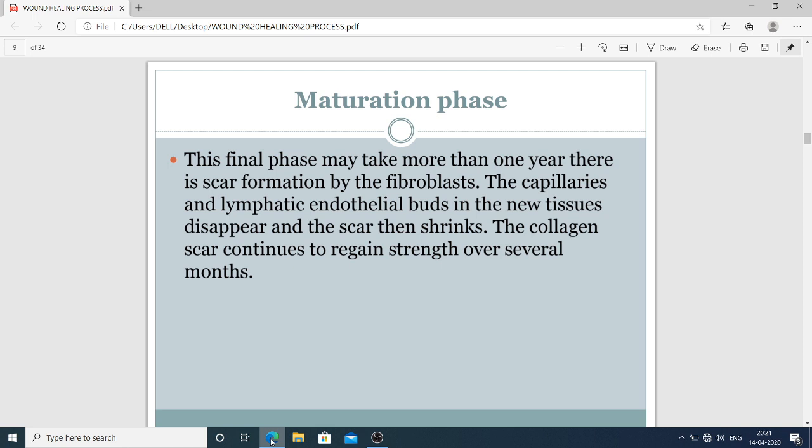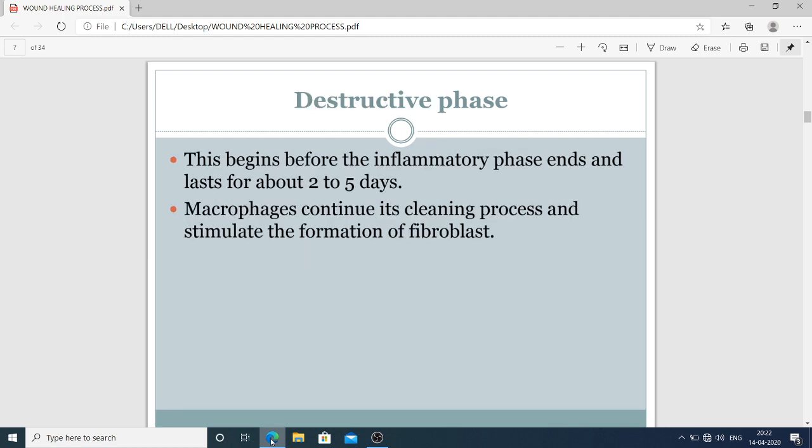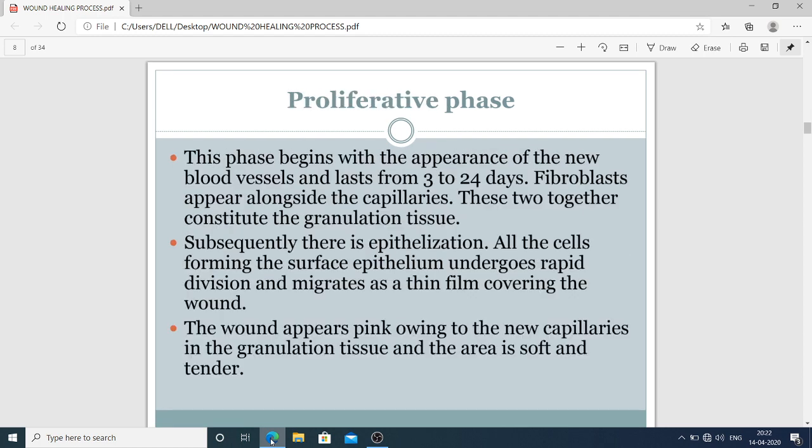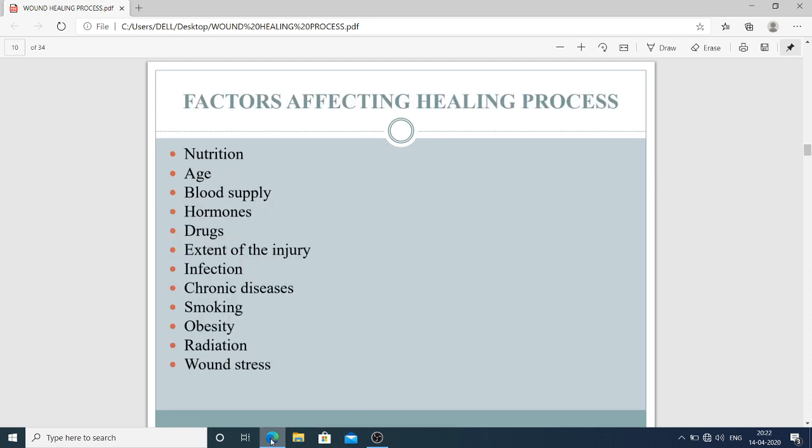The collagen scar continues to regain strength over several months. When the wound heals, after that the scar takes time to recover. This is the maturation phase. We have covered 4 phases: first the inflammatory phase, then the destructive phase, the proliferative phase, and the maturation phase.